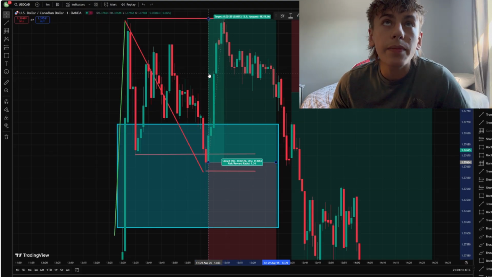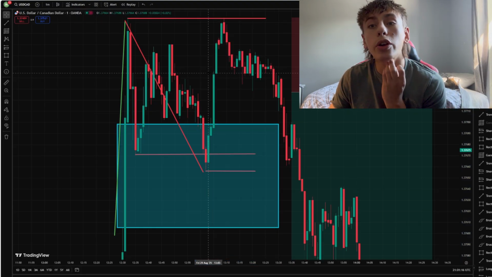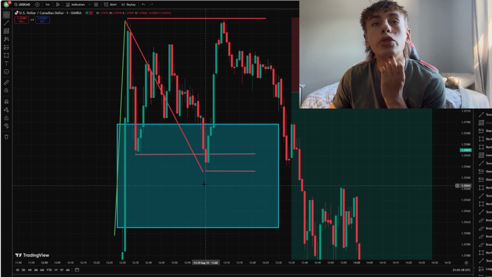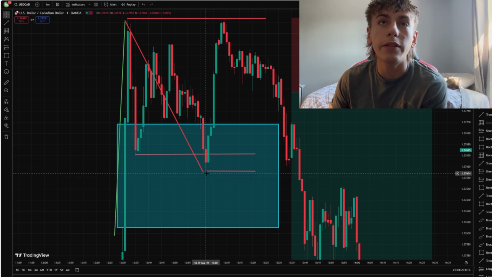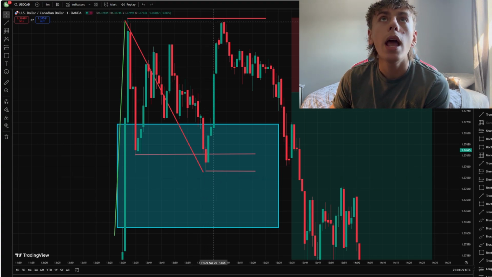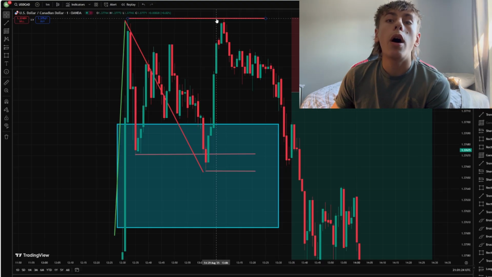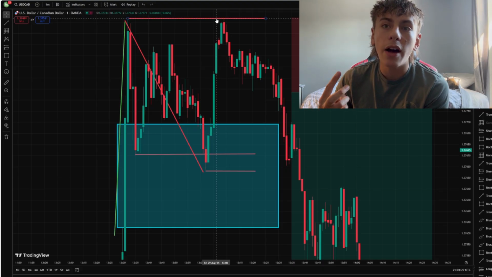This gives the ability for buyers to move price into areas of other liquidity or other confluences.